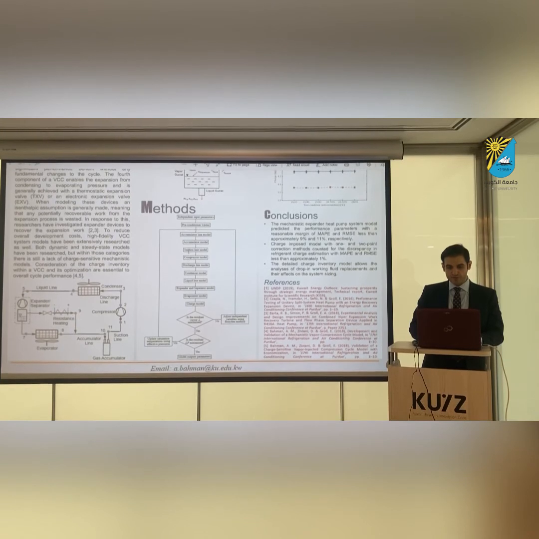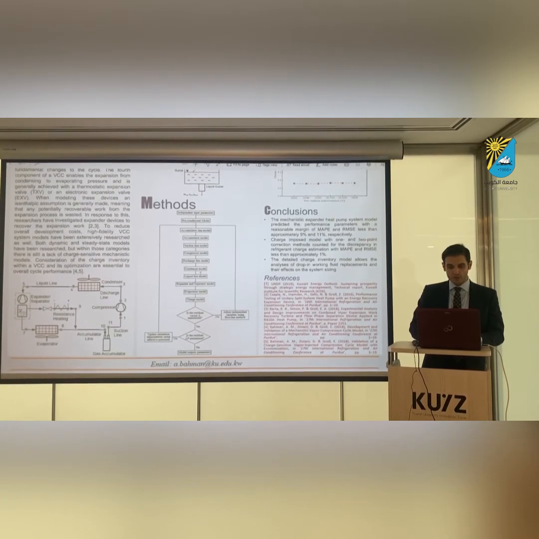So after the discharge model, the information goes to the condenser model, liquid line model, expander model, evaporator model, and finally the charge model. And it's checked for the saturation temperature. If it's satisfied, it converges. Otherwise, the model keeps iterating.